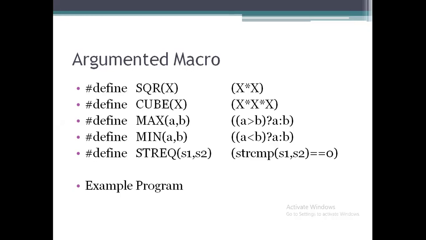For x we can pass any numerical value, 1, 2 or any. Suppose you take 2, then x is assigned 2. Next, the 2 is passed to the definition part of the square. What is the definition part? x into x. What is x? Already we have given 2. 2 into 2, 4 will be returned.